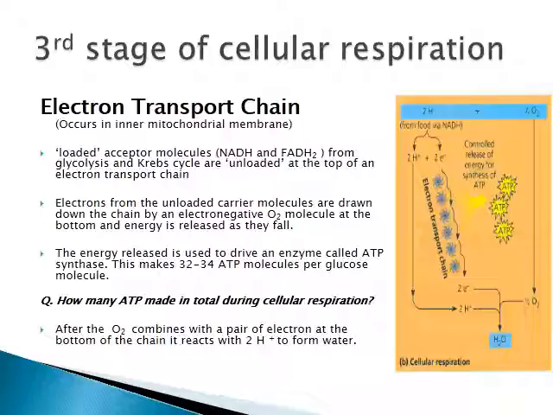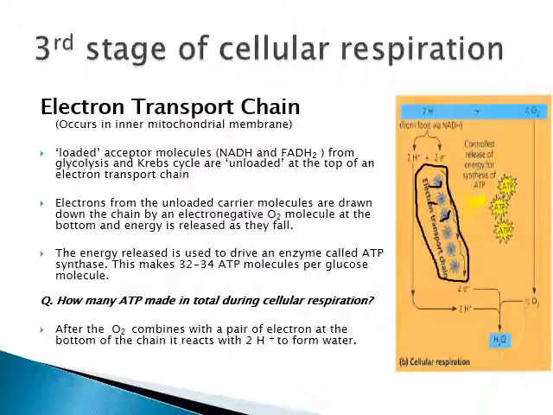So think of it as a chain. So that's what this picture here is trying to show you. Think of it as a chain that is in the membrane. And what these little cogs really should represent are little proteins that are being used to transport electrons down the electron transport chain.